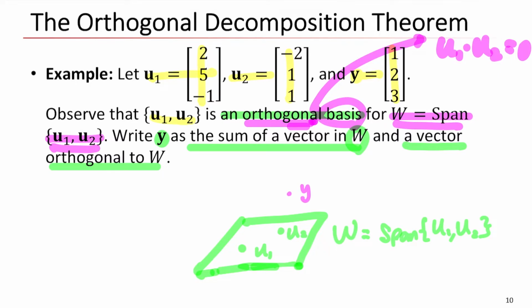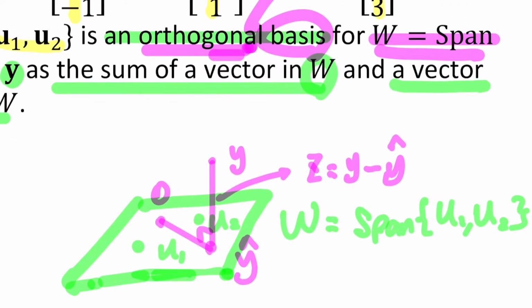We want to represent the vector y as the sum of a vector in W space and a vector orthogonal to W. So the problem is to find the y hat such that z is orthogonal to W. Z is equal to y minus y hat. So the problem is to find y hat.